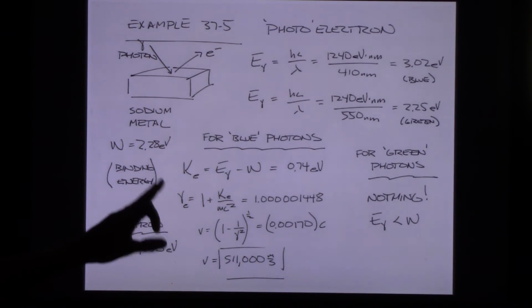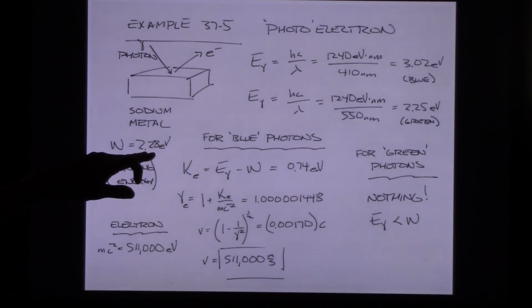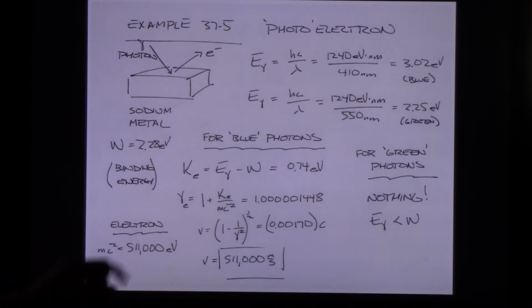So in our example, that's 3.02 eV, subtracting off 2.28 eV, and that leaves 0.74 eV of kinetic energy for the electron. Now, we just did a chapter on relativity, so I wanted to try out a relativity formula for that.